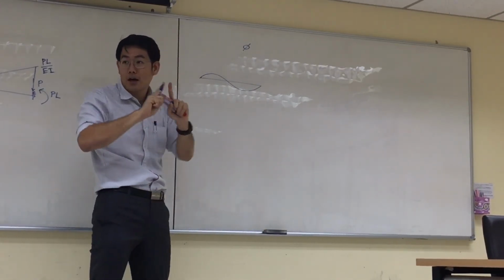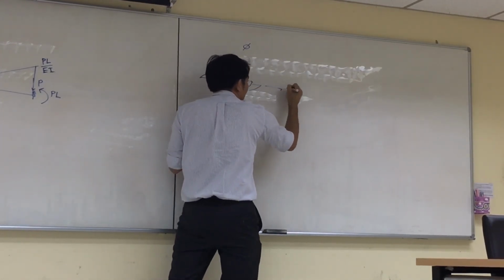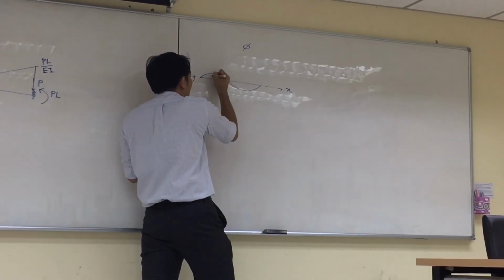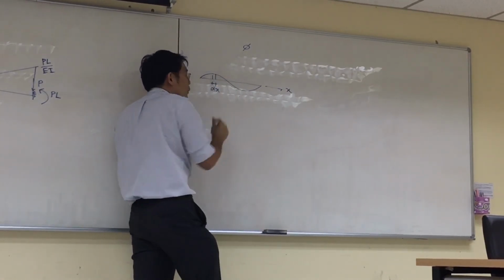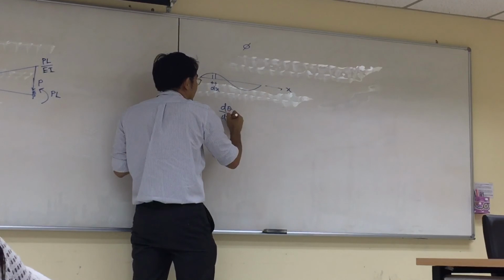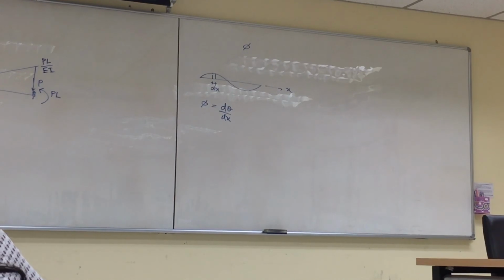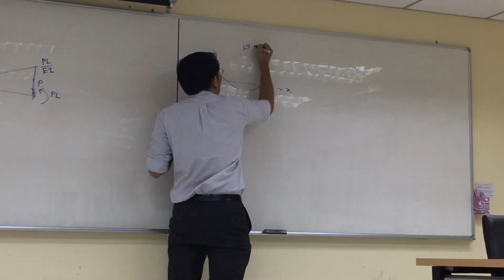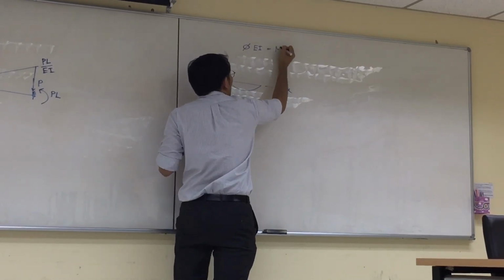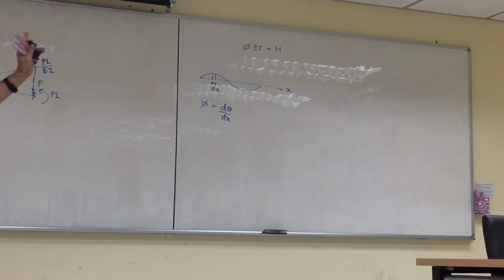The change of angle over dx, if this is your x, is actually the derivative of theta. So the derivative of angle with respect to x gives you the curvature. This curvature, together with the EI, gives you the moment.